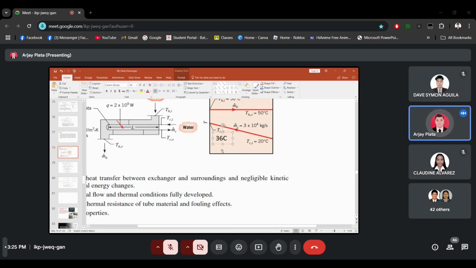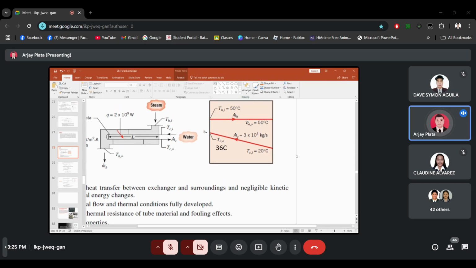That's our value of the temperature coming out of the tubes. From 20, it comes out as 36, so the heat is being transferred to the water. Although the temperature of the steam doesn't change, it only condenses.